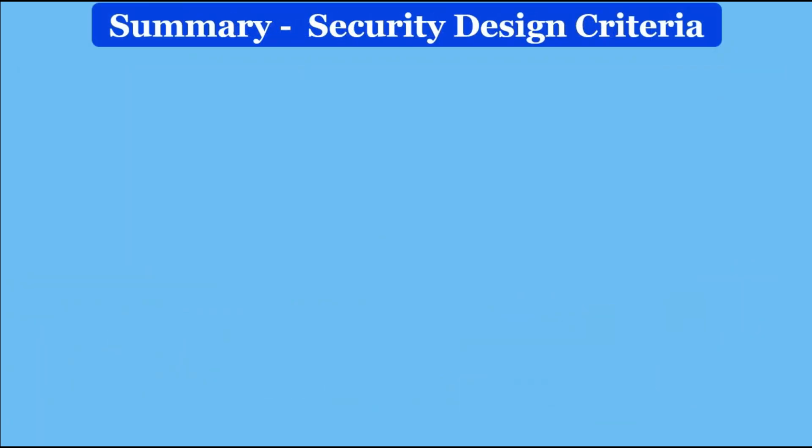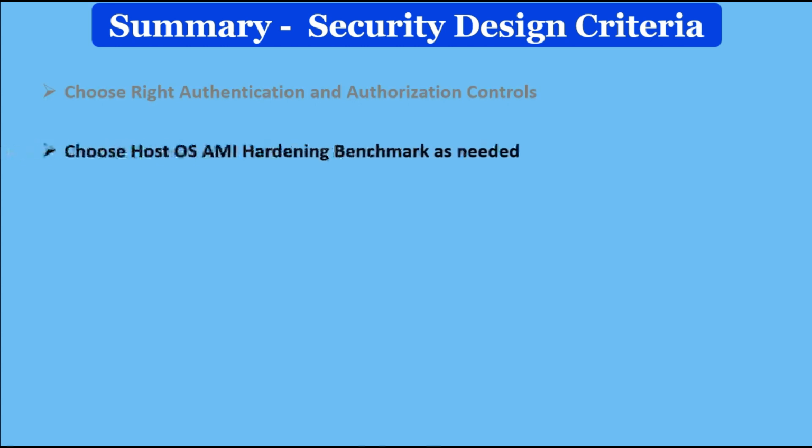So let us summarize. First, we need to choose the right authentication and authorization controls. EKS provides different options. We can use IAM, OIDC, and service accounts to access the cluster. Then we need to choose the right hardening for the operating system because certain organizations require security and compliance, especially in the FSI segment.